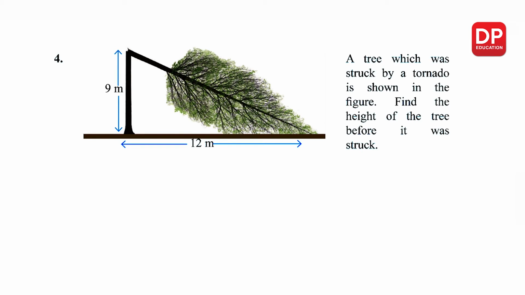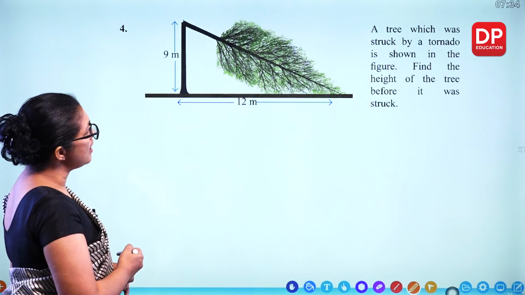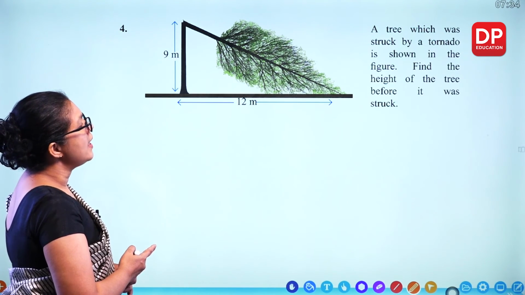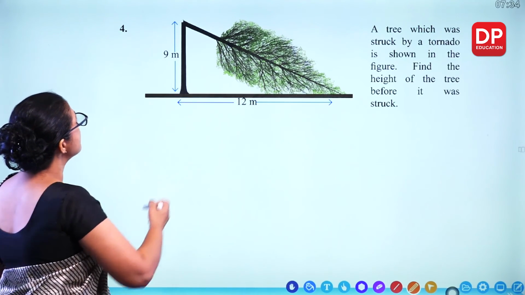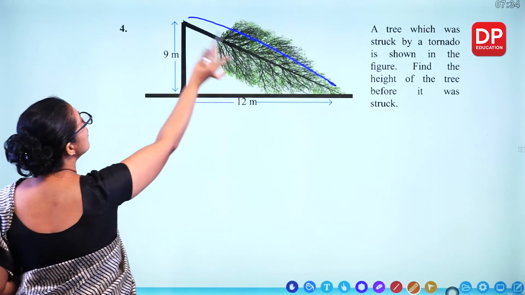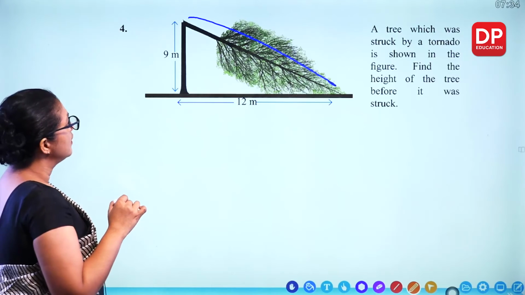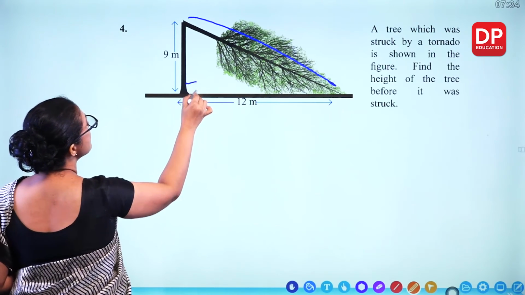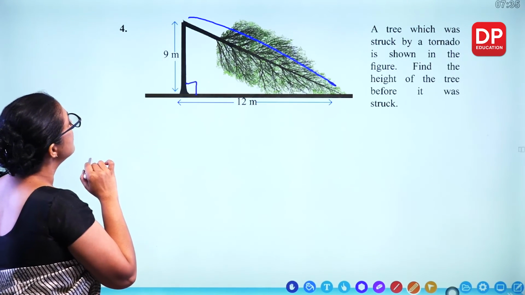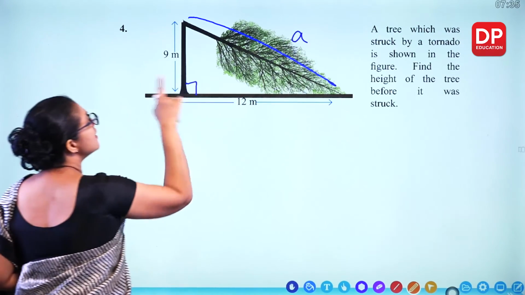Look at this diagram. A tree which was struck by a tornado is shown in the figure. Find the height of the tree before it was struck. So that means we need to find out this length. This plus this is the height of the tree. Now we know this is a 90-degree angle, so we can use Pythagoras theorem. I'll put A here.